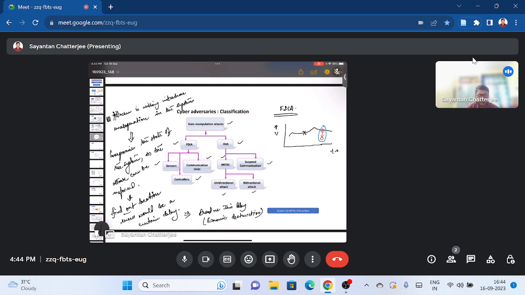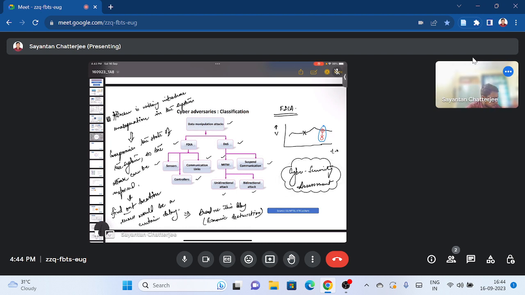So that is the main objective of this attack. To protect these systems, cyber security assessment needs to be performed.